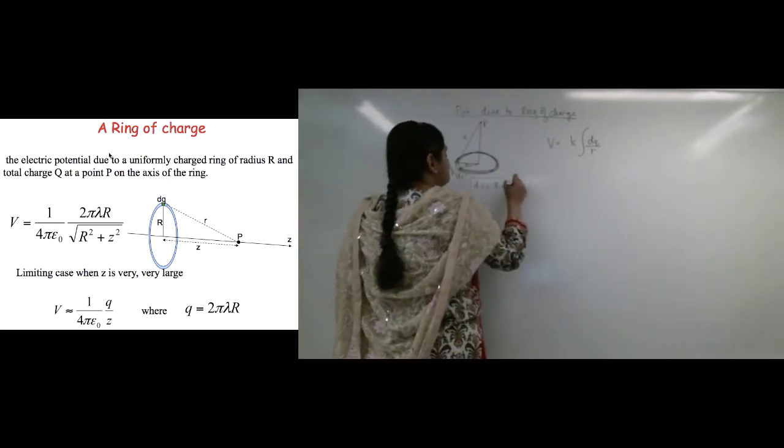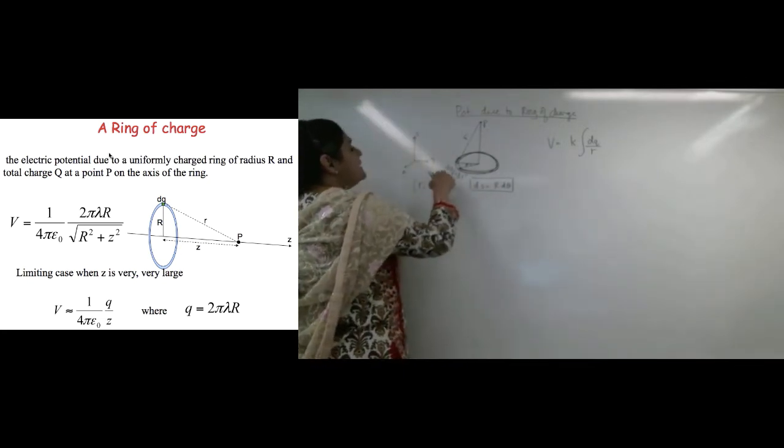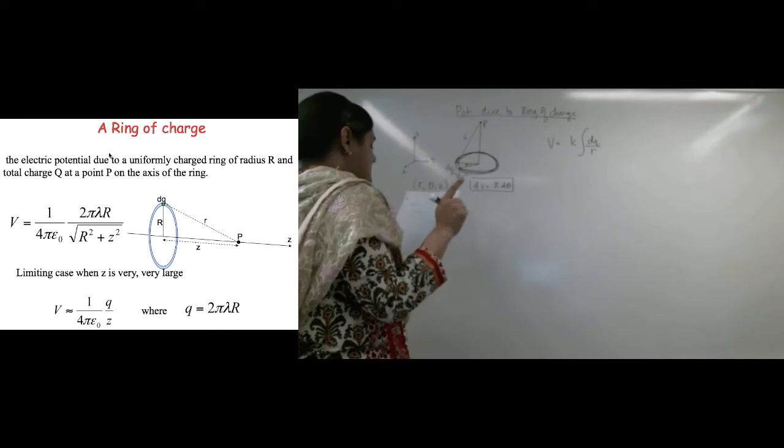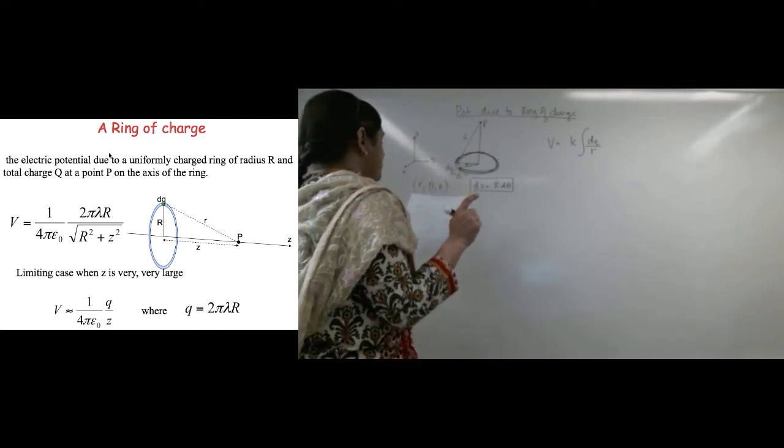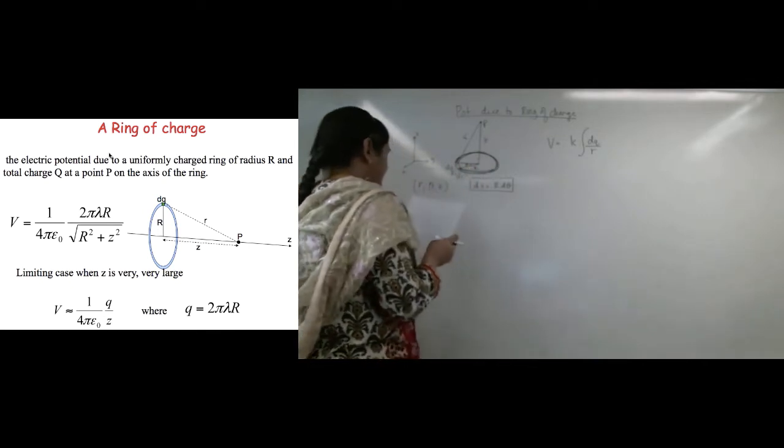Okay, so this is my element, which has a charge dq, and since this is the z-axis, I can call this r.